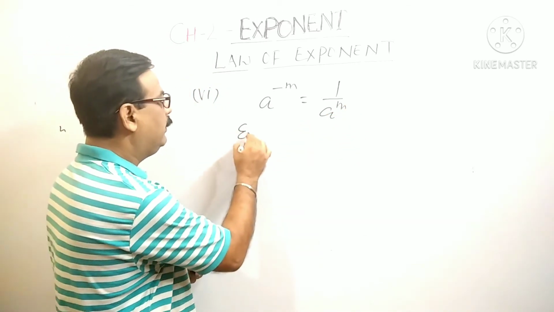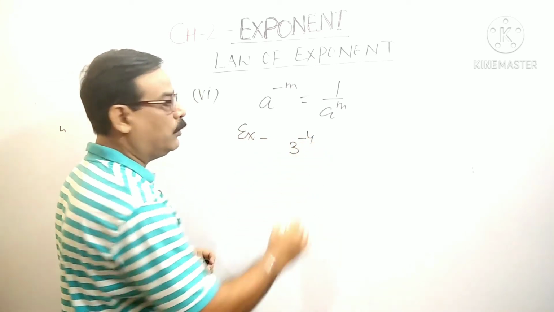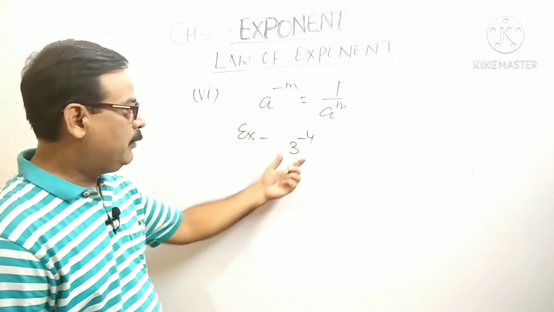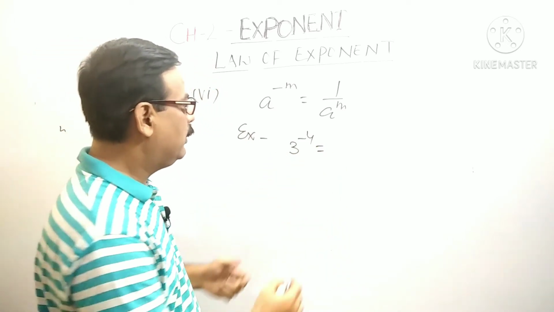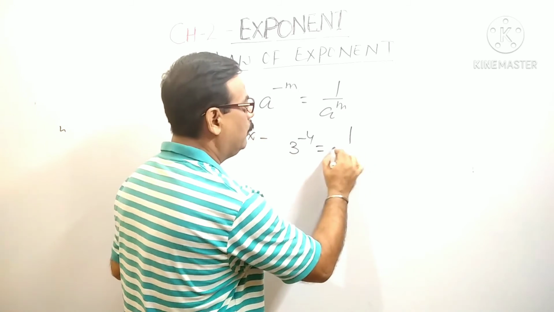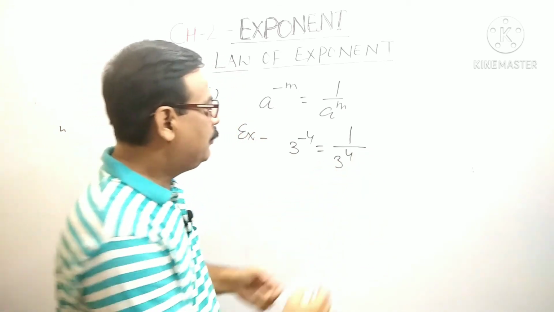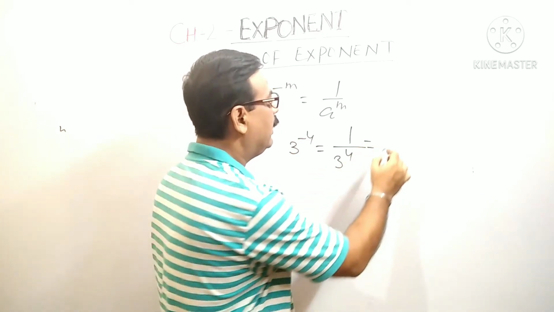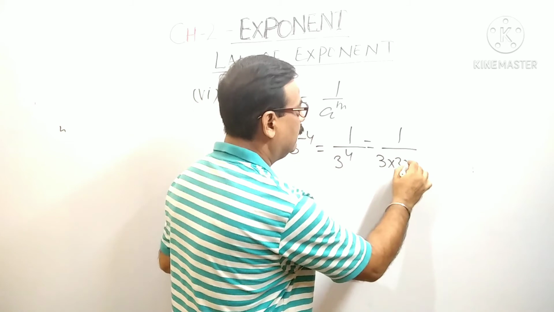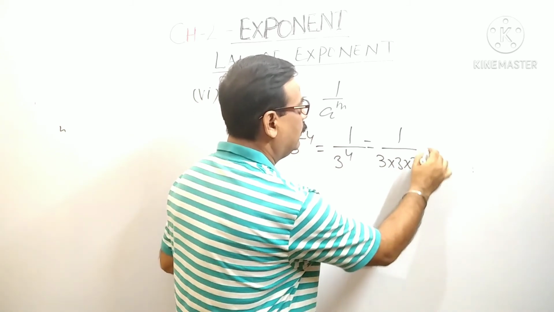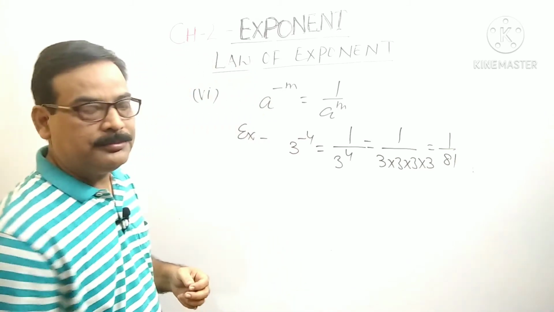For example, 3 to the power minus 4. What will happen here? From the law of exponent, we can write this term as 1 by 3 to the power 4, and the value of this term is 1 by 3 multiplied 4 times, which gives 1 by 81.